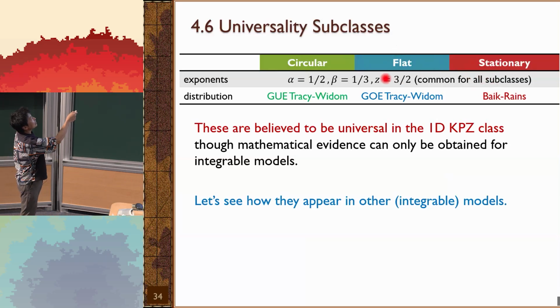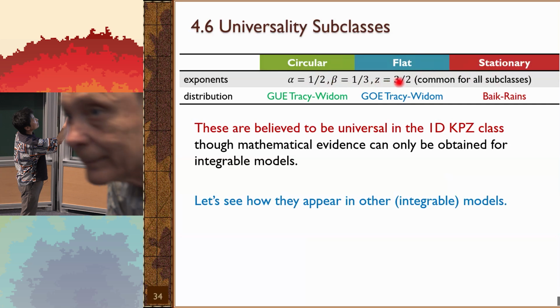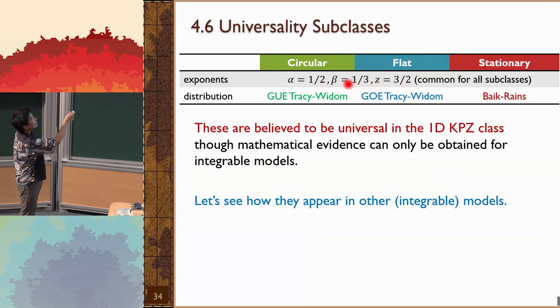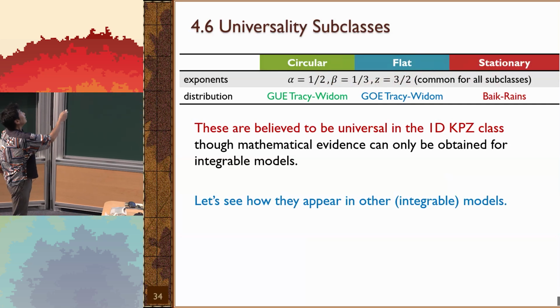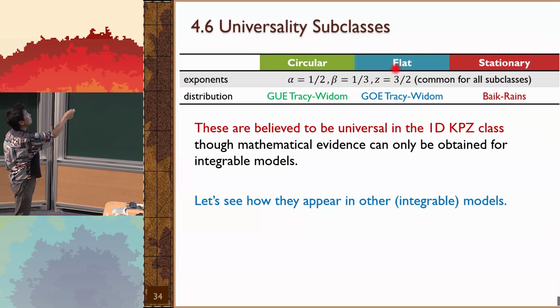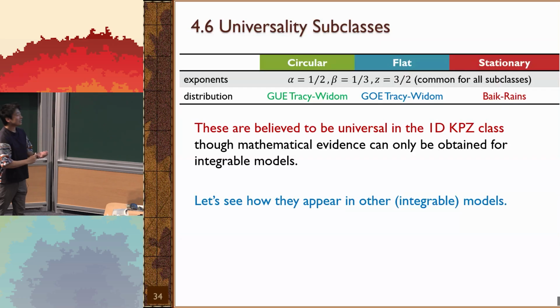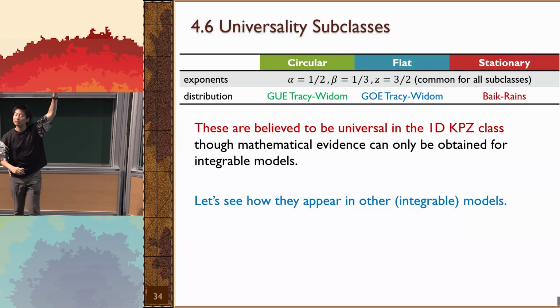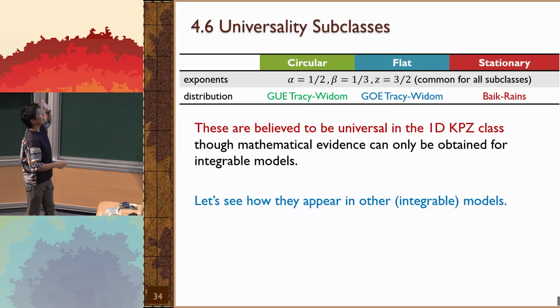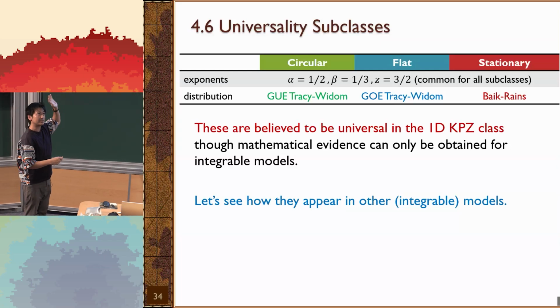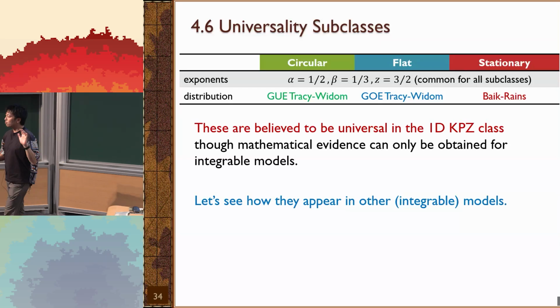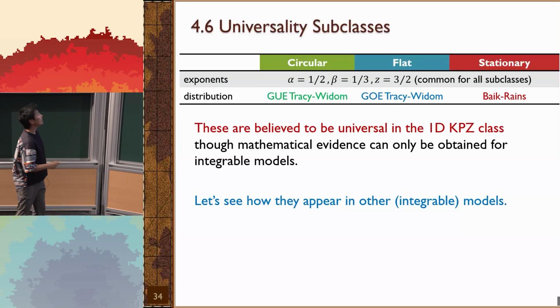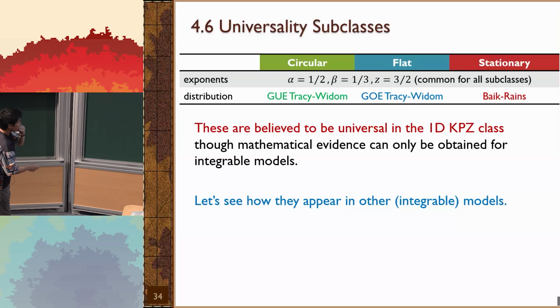And all these share the same set of the characteristic exponents, but the distribution is different. It is GUE Tracy-Widom for the circular case, GOE Tracy-Widom for the flat case, and the Baik-Rains for the stationary case. So it was the main result from the celebrated work by Prähofer and Spohn in the year 2000 for the PNG model.